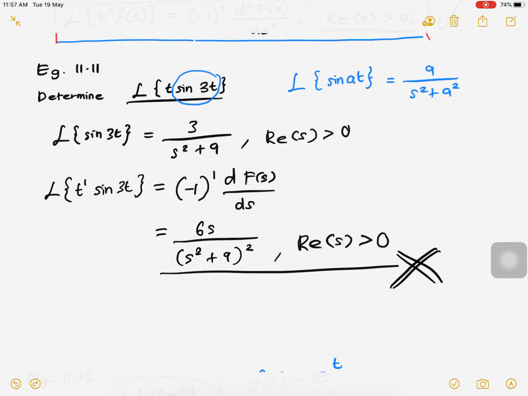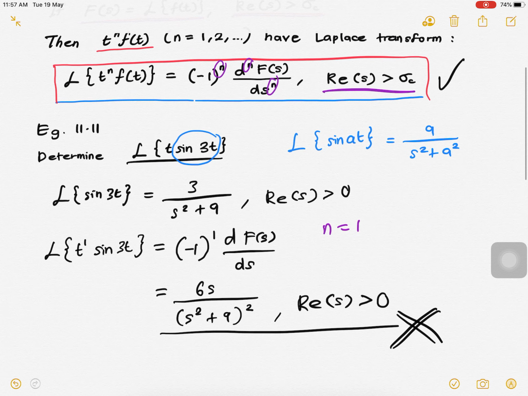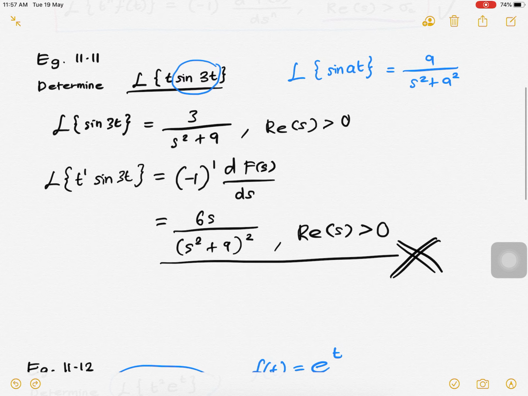Since the n value is equal to 1, we replace all n with 1.